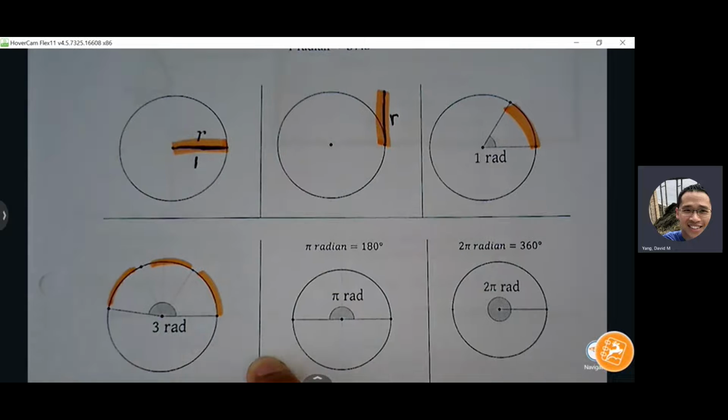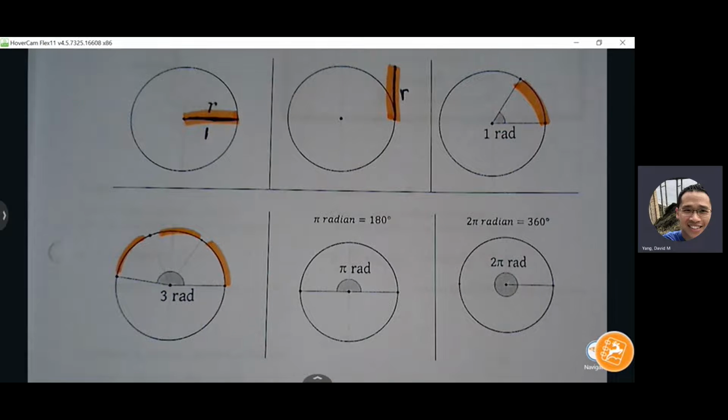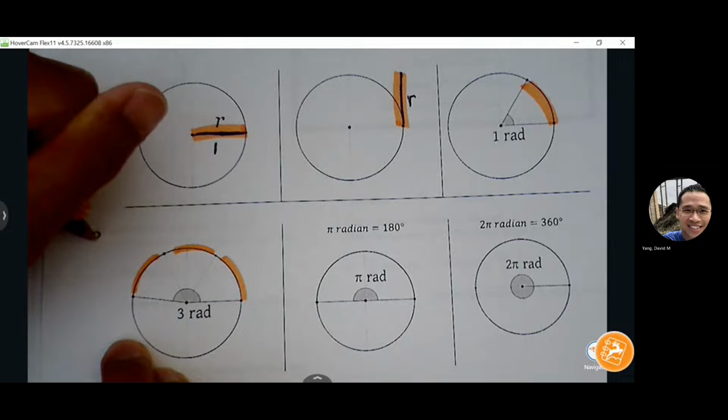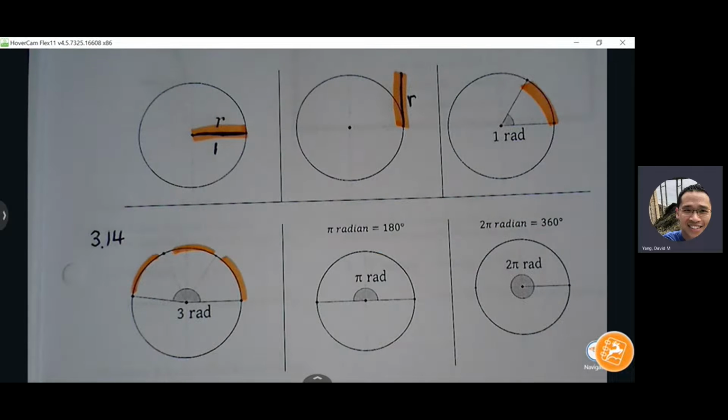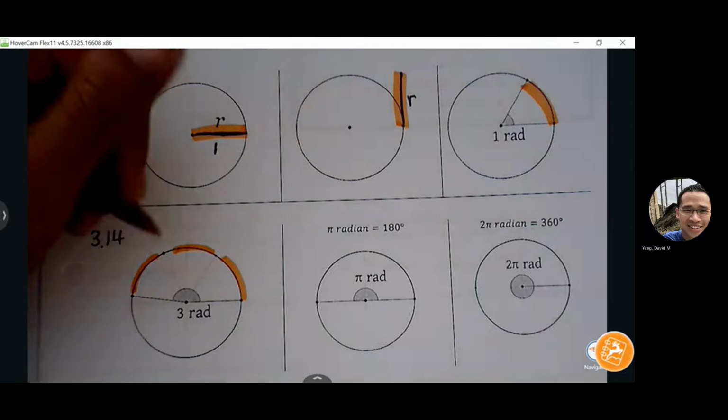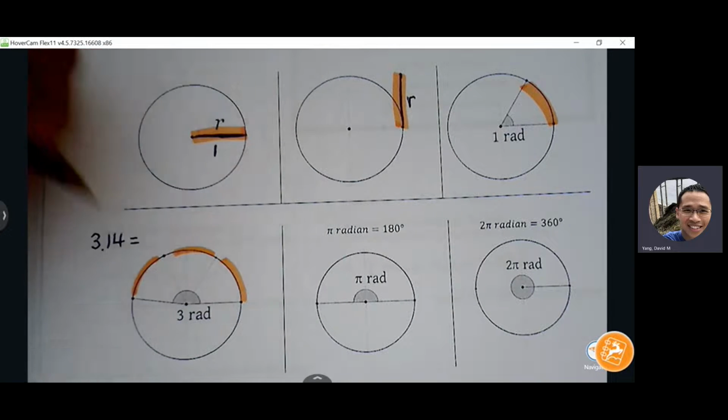3 radian. Now, is 3 radian equal to 180 degrees? Slightly less, right? And that is where 3.14 comes in. It is 3 and change. So 3.14, you guys recognize that? What is that equivalent to?